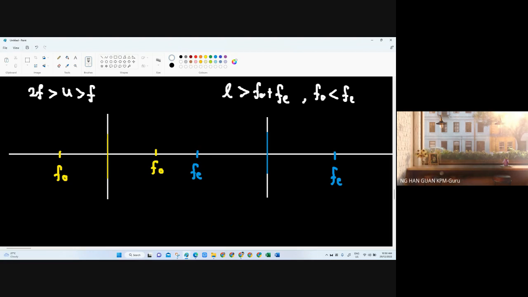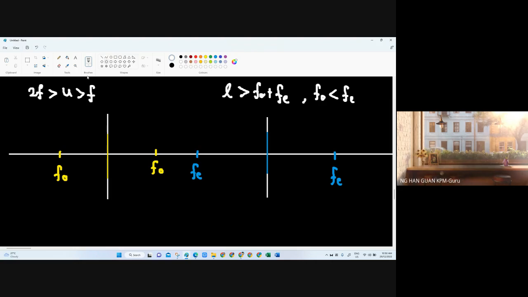So to magnify the first image, our only choice is that the object must be located between 2f and f. Because once the object is located at 2f, our image formed will be the same size, back to the concept that we learned before in the drawing. Or when the object is located beyond 2f, our first image will be smaller. So to make the first image bigger, we must locate the object between 2f and f.